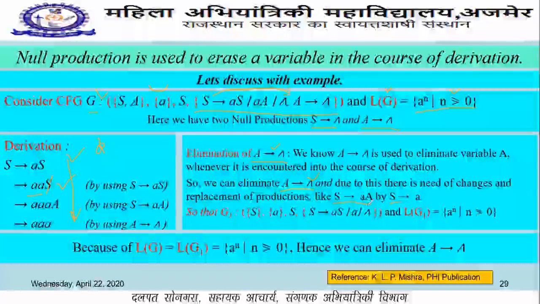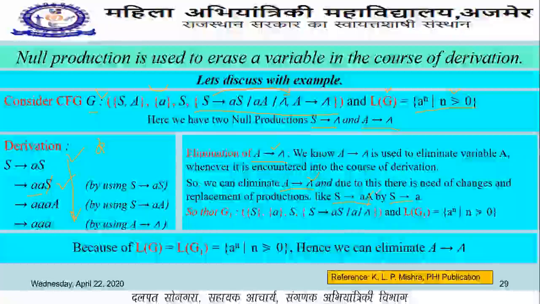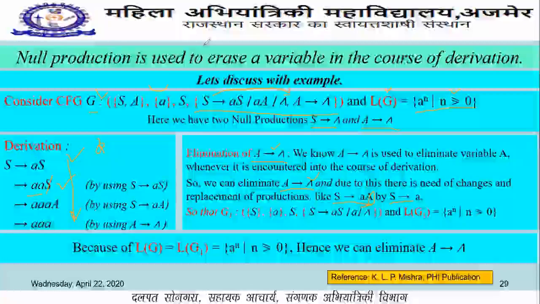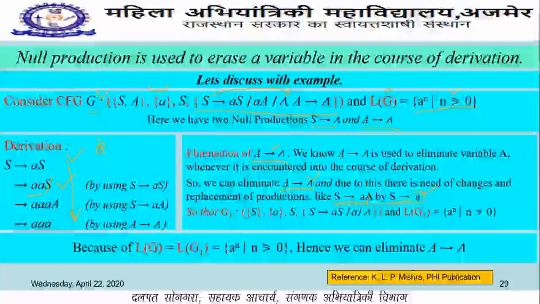Because A tends to null, we have a null production, so we change it into the production itself, that is, we eliminate this A and we get a new production, but we include both these productions in our set.